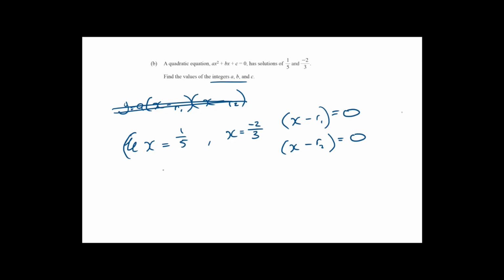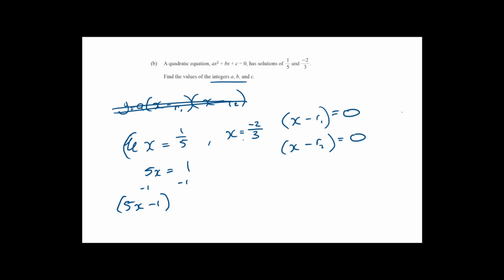I'm going to multiply both sides by 5, so 5x equals 1. I'm going to take this 1 across, so 5x minus 1 must be one of the brackets.